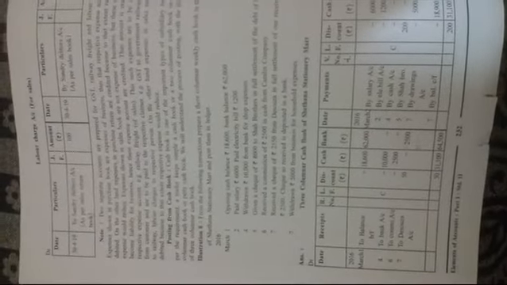These are the transactions that took place in the year 2016 in the month of March. First transaction is opening cash balance of rupees 18,600 and bank balance of rupees 62,000. So there are two opening balances given, and you all know that the opening balance for the cash book is always recorded on the debit side.